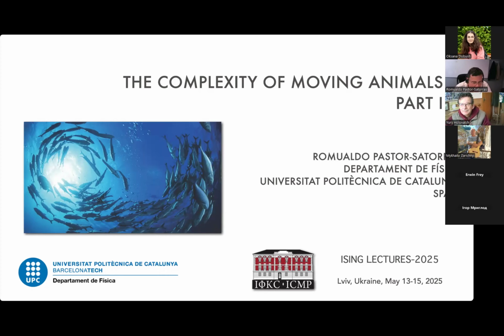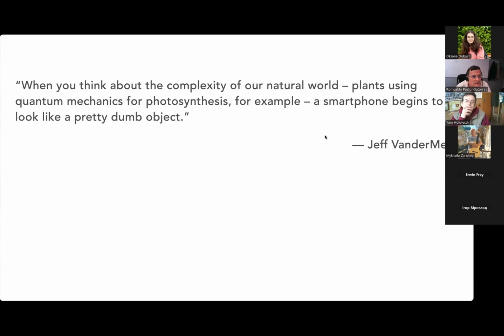The idea is that we want to study the complexity of nature, and when we do this, it's appropriate to remember one important quote: when you think about the complexity of nature, like plants using quantum mechanics for photosynthesis, a smartphone begins to look like a pretty dumb object. So nature and biological systems are really very complex, very complicated to study.